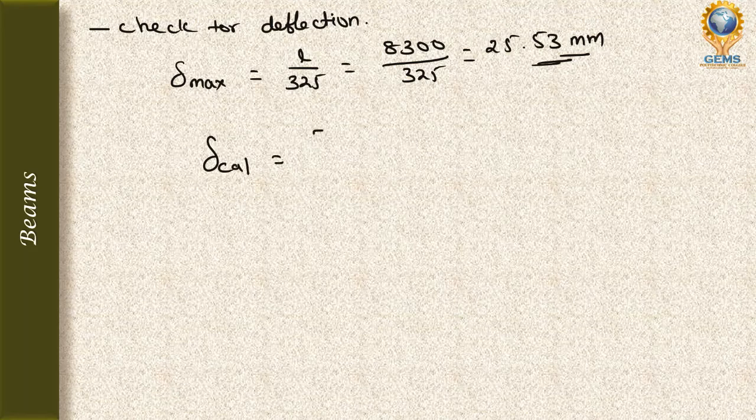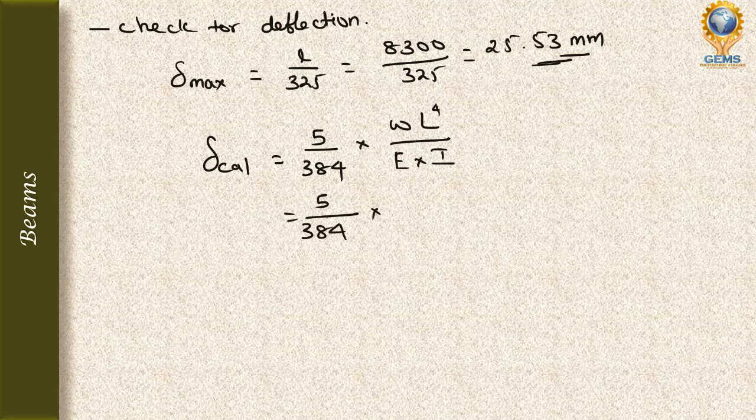For a simply supported beam, it is 5 divided by 384 into WL power 4 by E into I. So 5 by 384 into W, which is 30.92 kilonewton per meter.